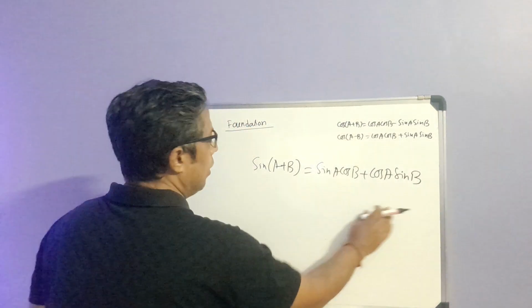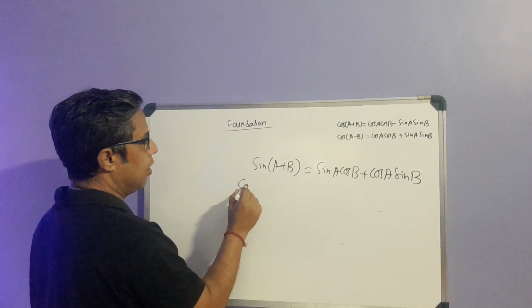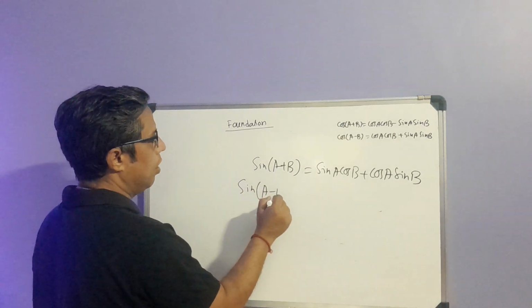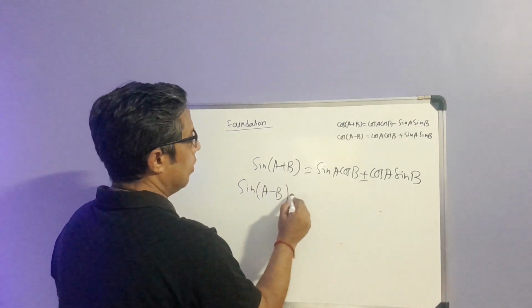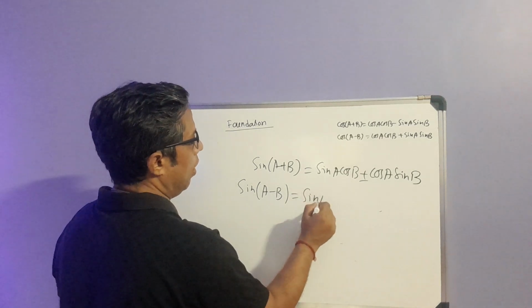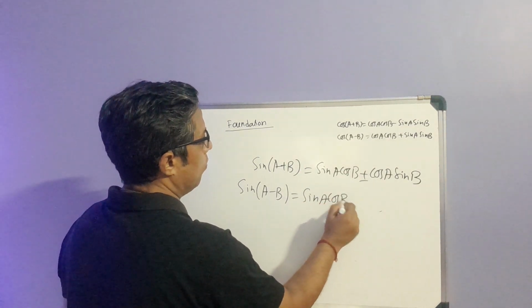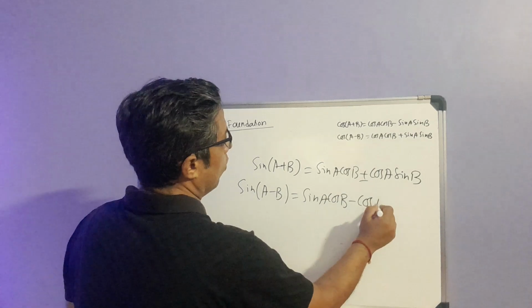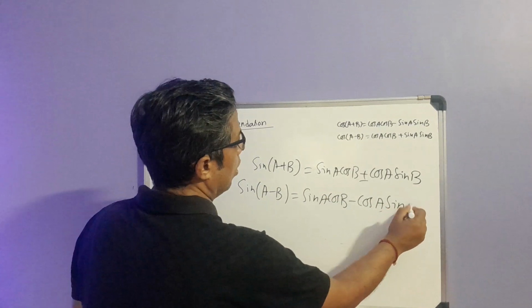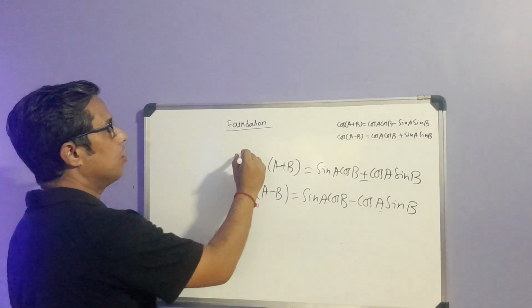If I give minus here, sine of a minus b will be sine a cos b minus cos a sine b. So you only have to remember this one. That's it.